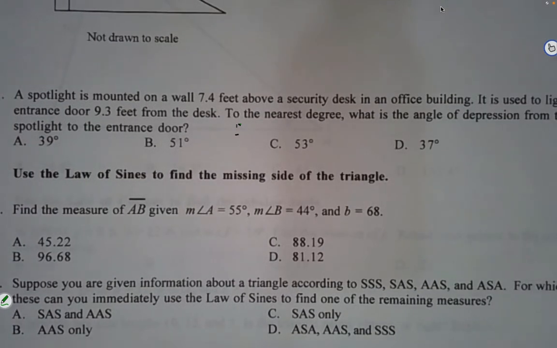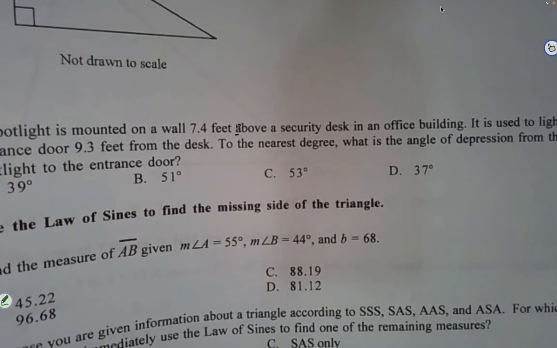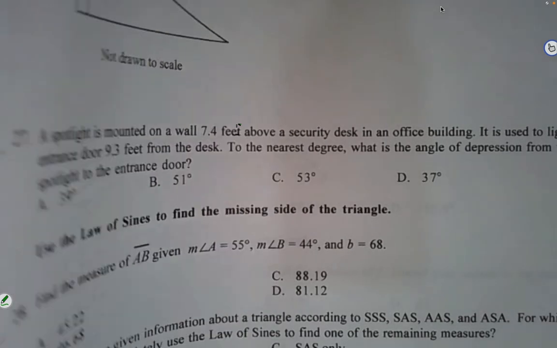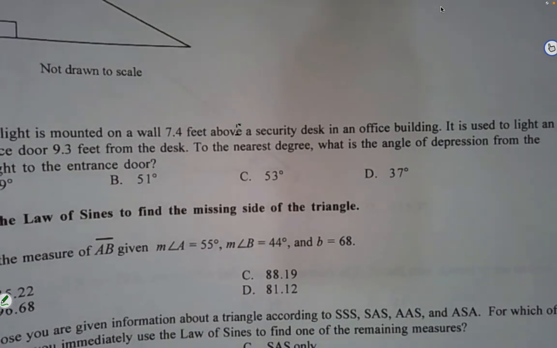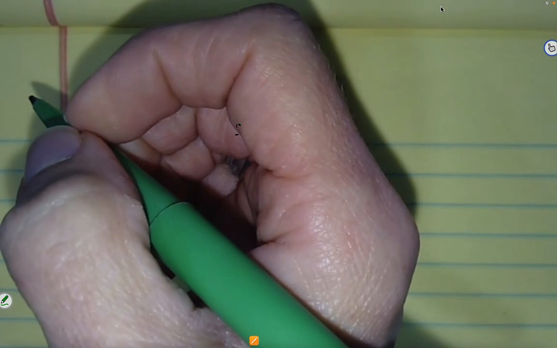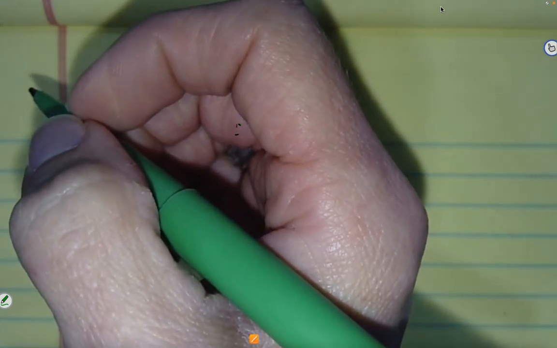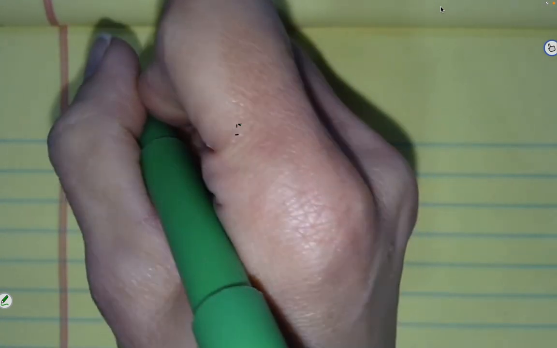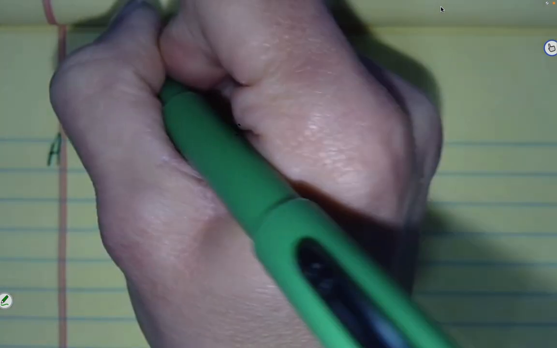All right. Now on the last few, we've got law of sines and law of cosines. So let me start with 28. And it says law of sines. Well, the first thing I'm going to do is draw my triangle. I know I have, what letters do they give me? A, B, and we'll just go with C. A, B, C. So I'll just draw me a little triangle.